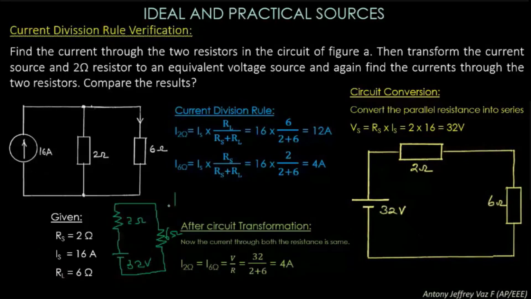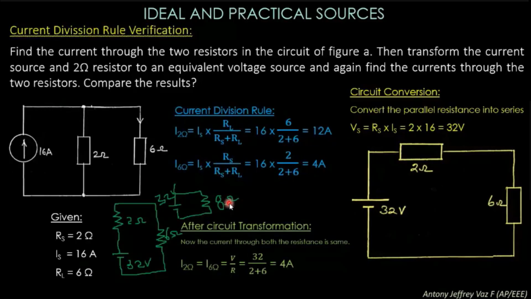What we can do is redraw the circuit like this. 6 plus 2 is nothing but 8 ohms, and here the source voltage is 32 volt. It is the same.